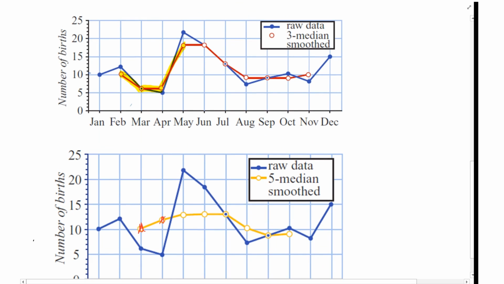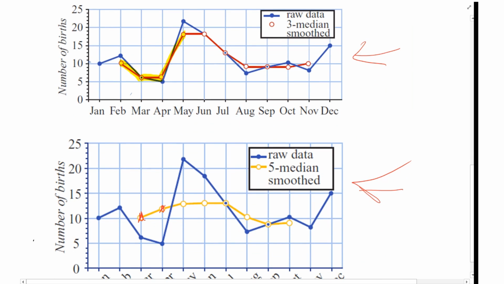With the smoothing, first one, the 3 over here, it smoothed it a bit, but this has clearly smoothed it out. Okay, quite a big difference in the smoothing there. Keep in mind, if I'm doing a 3, I don't have a data point there or a data point here. If I do 5, I don't have data points in the first 2 or the last 2.